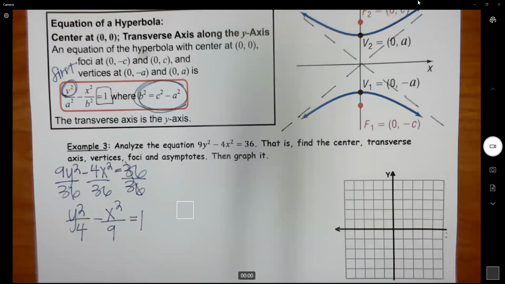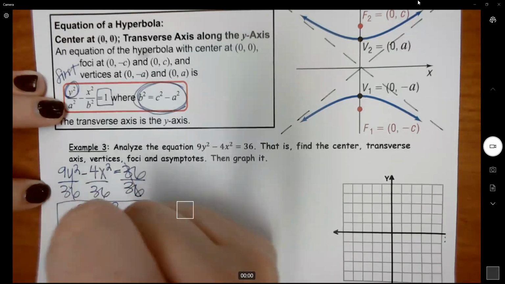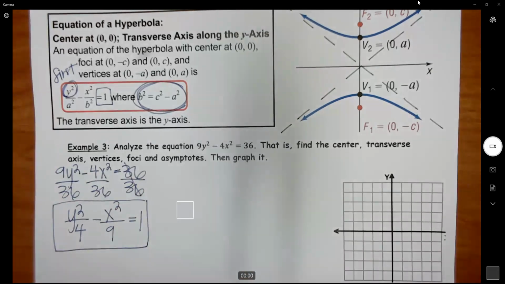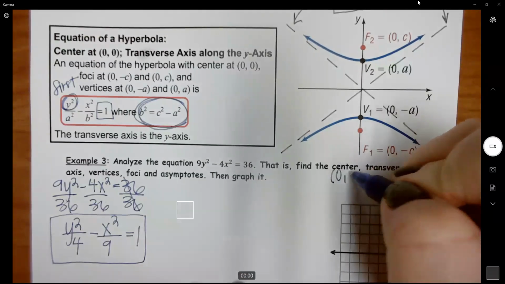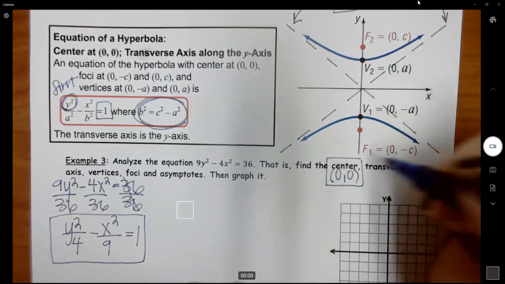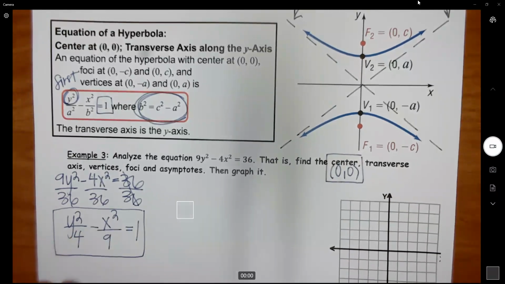So from here, we can answer our questions. Now that I have this equation, the center is at 0, 0. I know that because it's just x squared and just y squared.